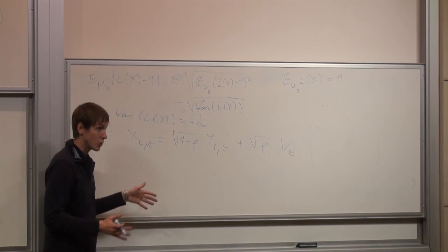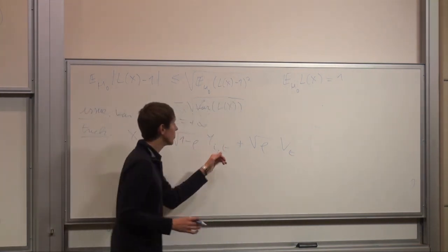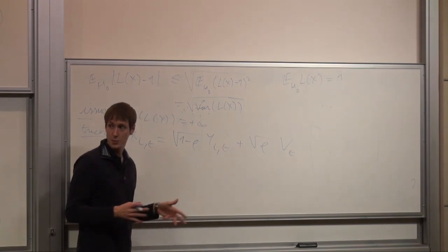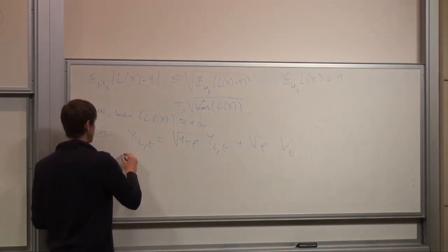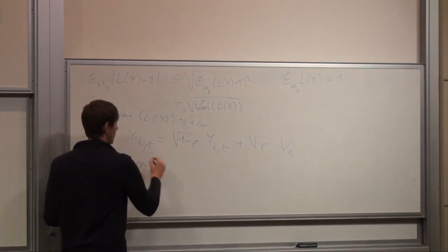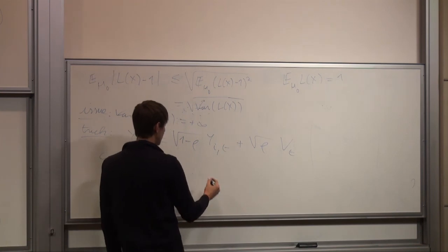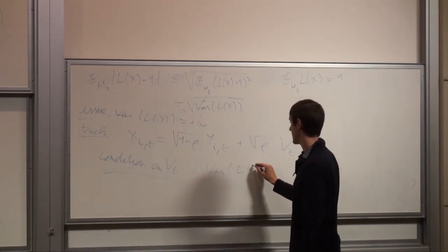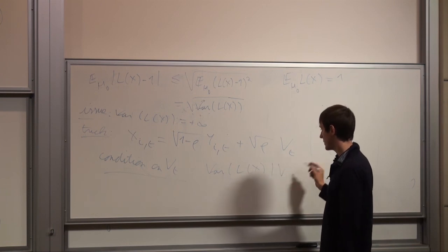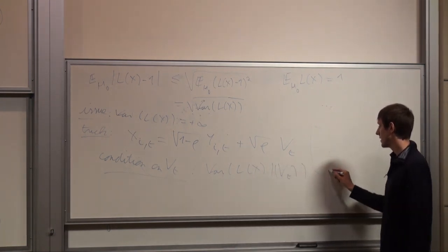That's the correlation. The correlation comes from a common signal V_t, and the Y_it are the independent component. And now the key trick is that you condition on V_t. And if you do that, then suddenly, for some reason that escapes me, this becomes finite. So if you condition on the V_t's, the likelihood ratio becomes finite.